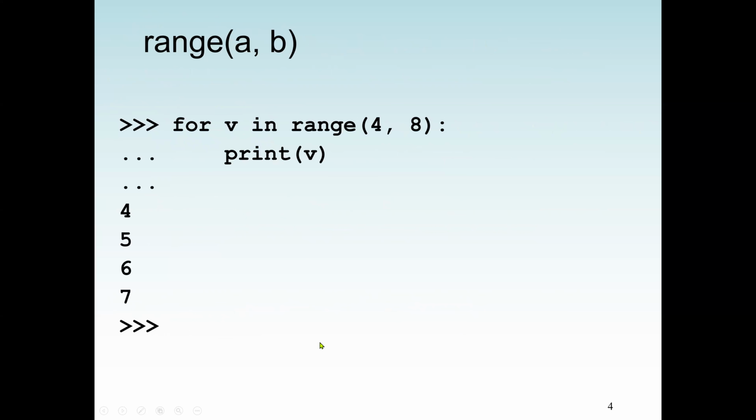So let's see an example here. Python has a function named range, or we can say a method. If we have range with a, b, let's say from 1 to 5, it means we are going to do something from 1 to 4.